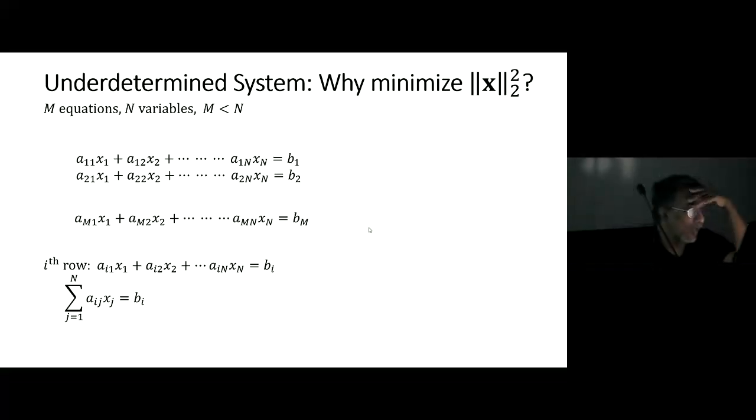So without any prior knowledge of A's and b's, xj is equally likely to be negative or positive, correct? So it's symmetrically distributed around the origin.